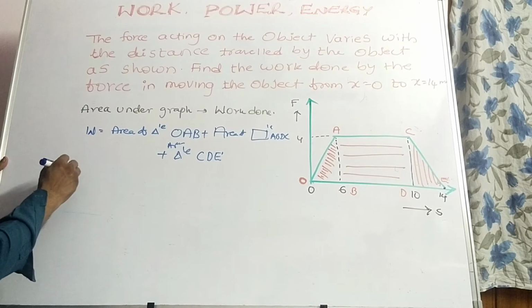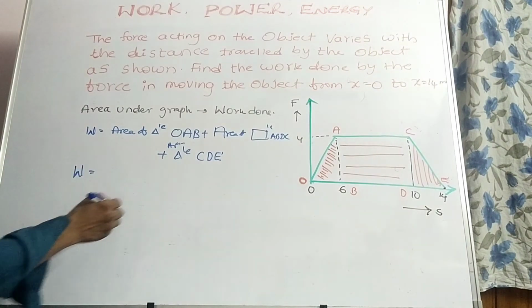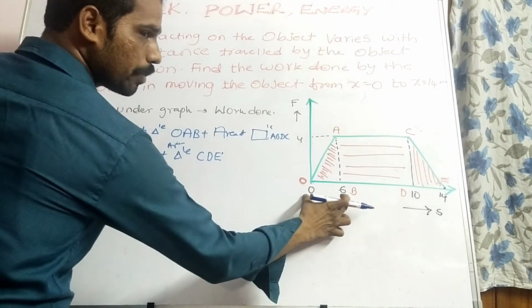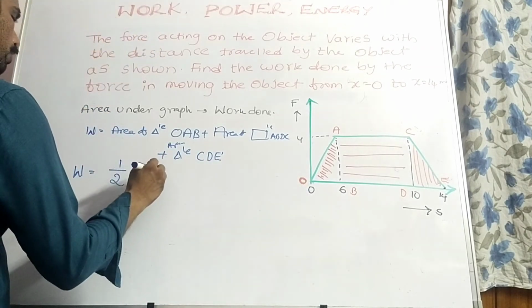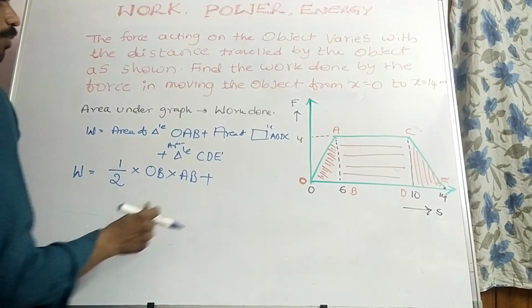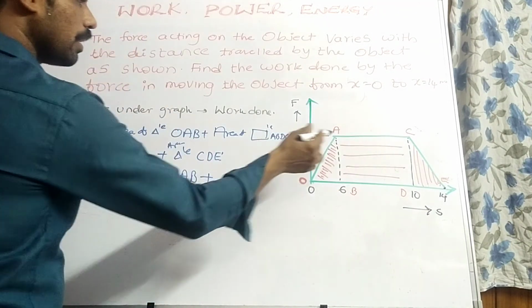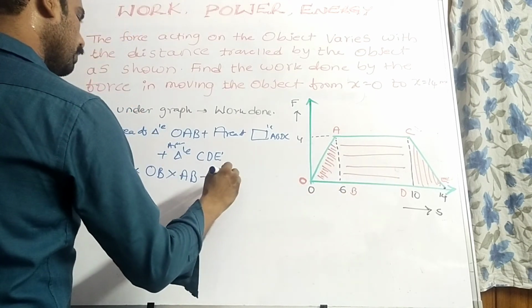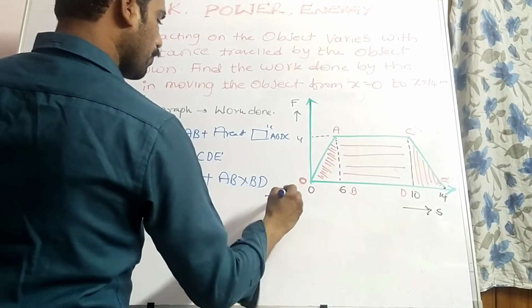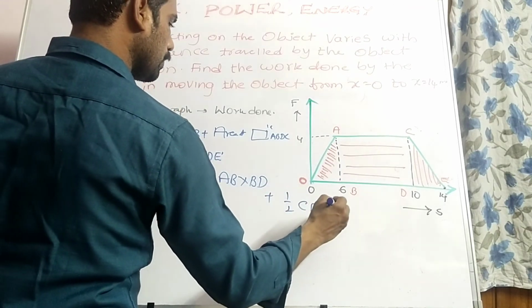Now W is equal to the area of triangle OAB, half into base OB into height AB, plus the area of rectangle AB into BD, plus half into CD into DE.